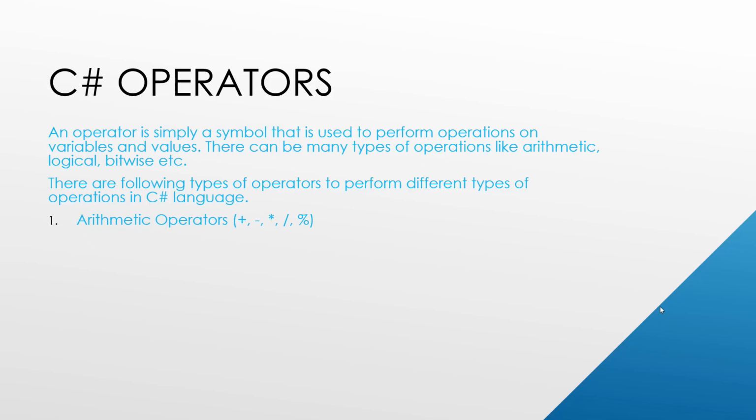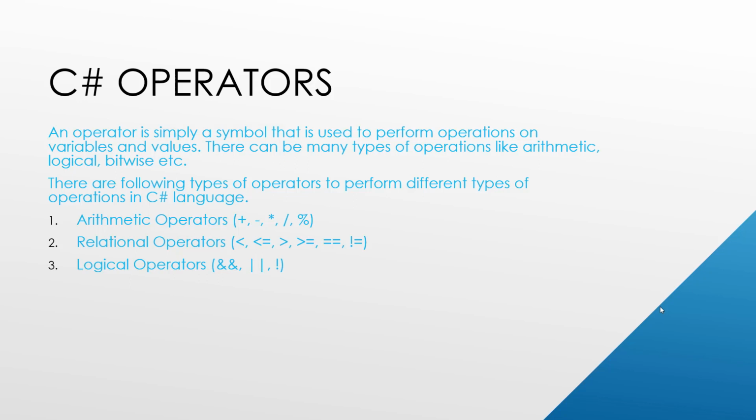Arithmetic operators like plus, minus, divide, multiply, or modulus. Relational operators like less than, equal to, greater than, double equal to, meaning we want to compare two variables, then we can use the double equal to. We have not equal to as a relational operator.